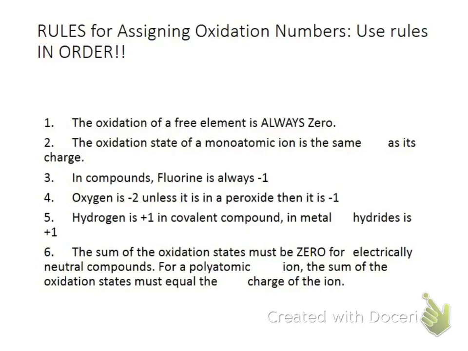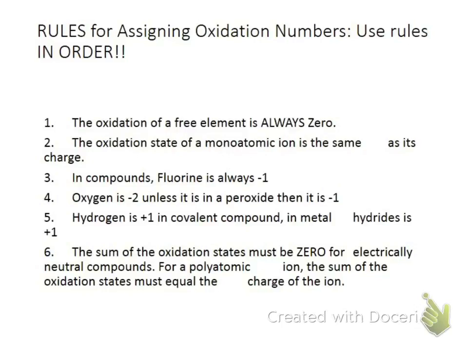So sodium's oxidation state would be +1. In compounds, fluorine is always going to be -1. Oxygen is going to be -2 most of the time, unless it's in a peroxide, such as hydrogen peroxide. Then oxygen is -1.